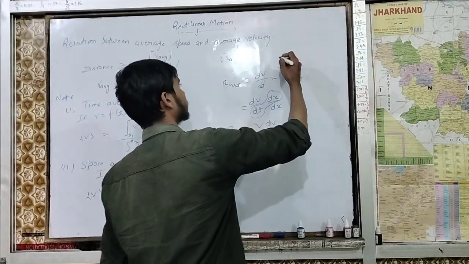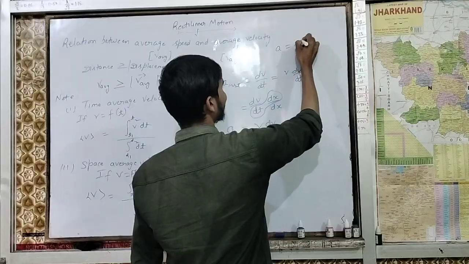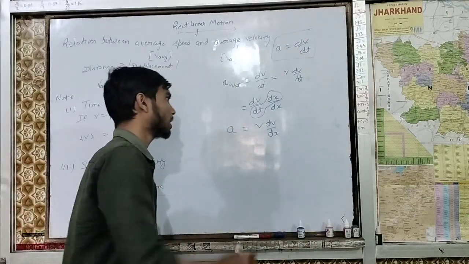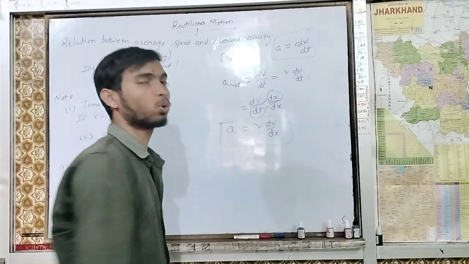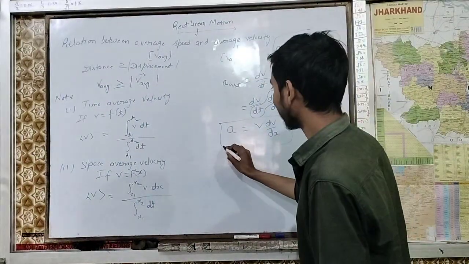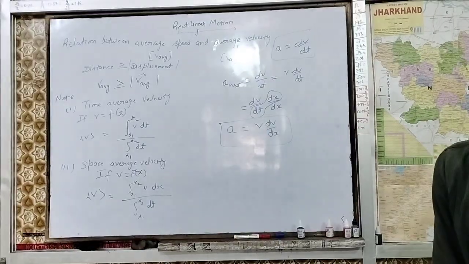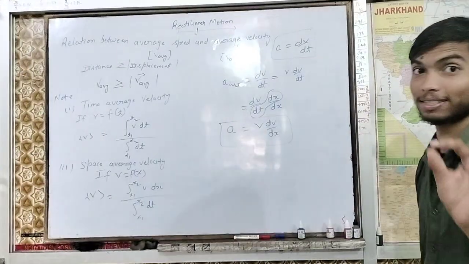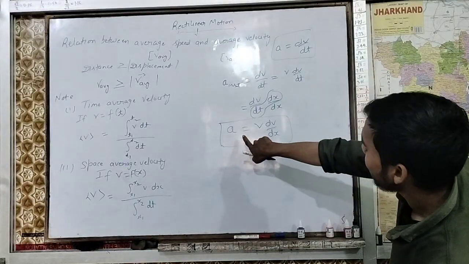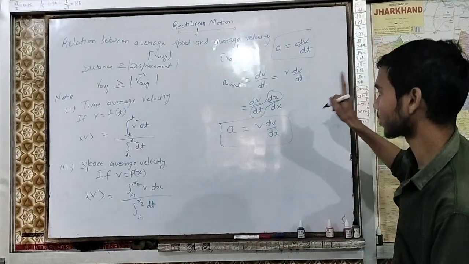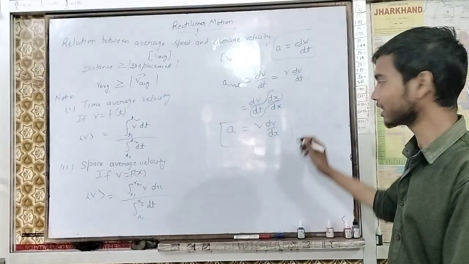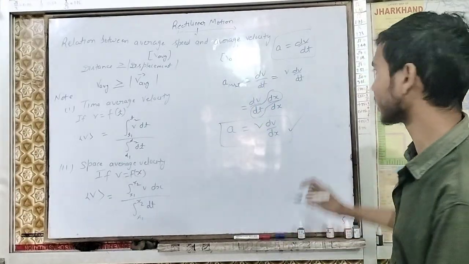So the question is, when to use this dv upon dt and when to use this v into dv upon dx. And the answer is very simple. If the question is providing a relation between v and x, then this is valid for that question.